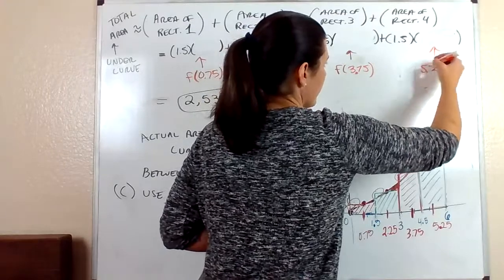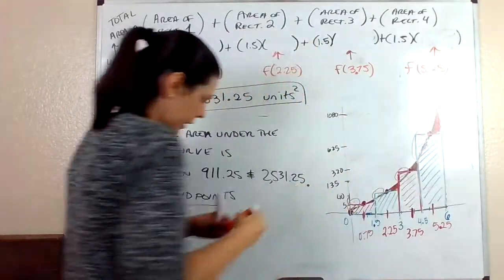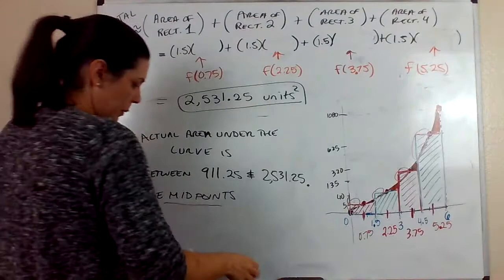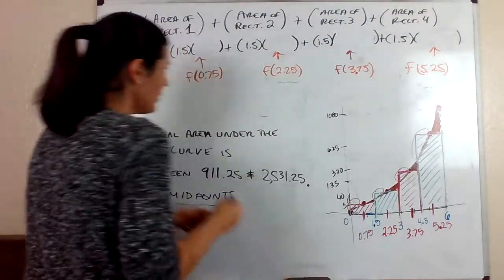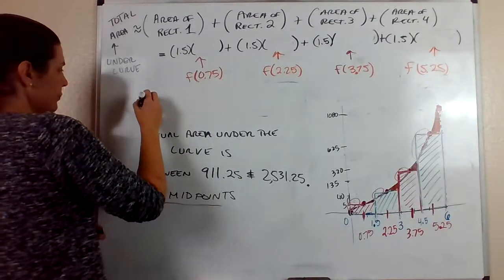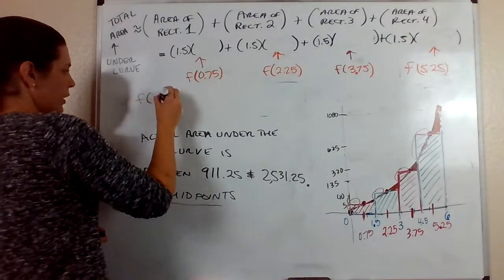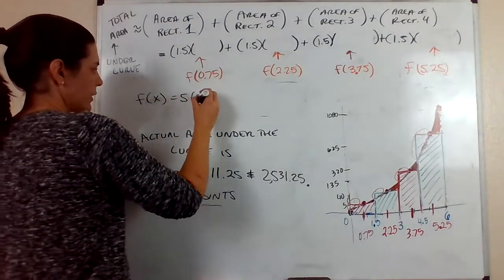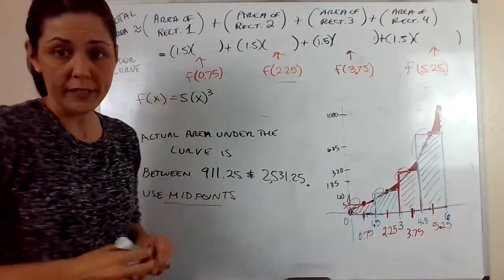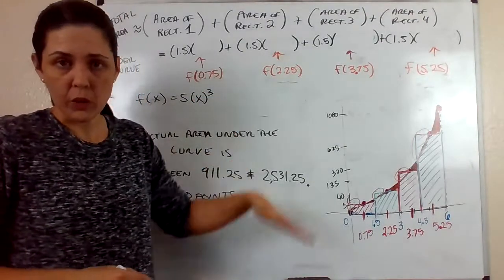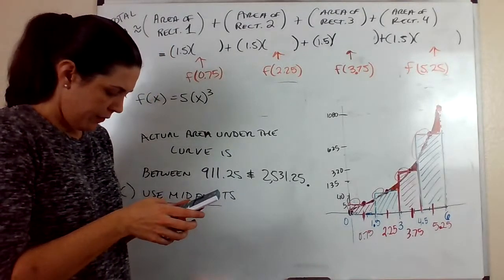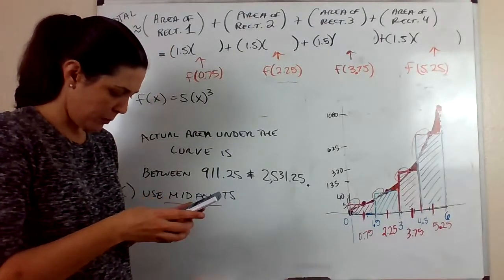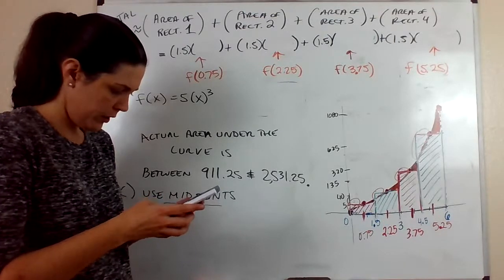Okay, so I have to plug each of those into my function. Remember the function was 5x cubed. So for each of these 4, I'm plugging into 5x cubed to get the y value, or height of each rectangle. So let's do that real quick. 5 times 0.75 cubed.